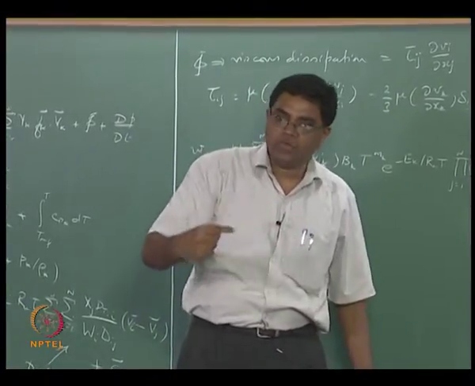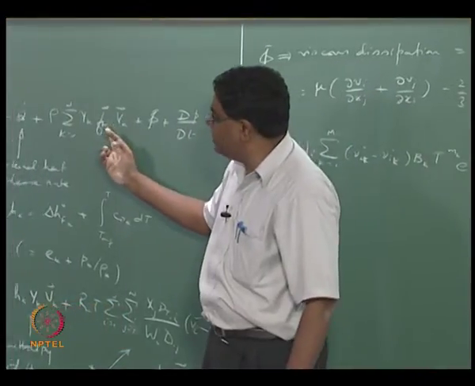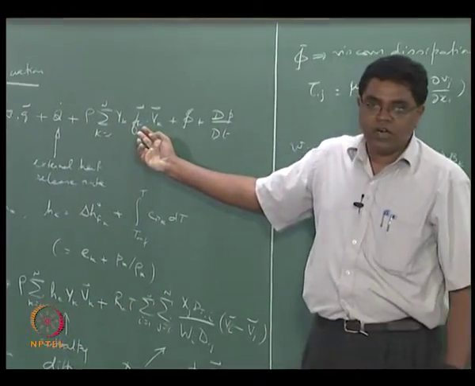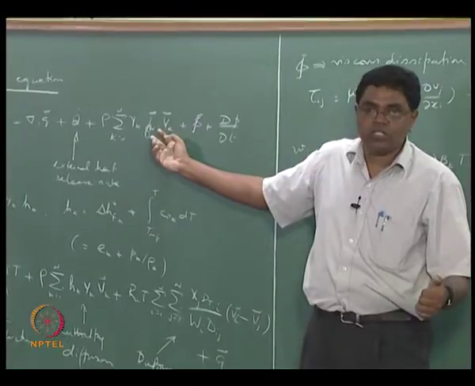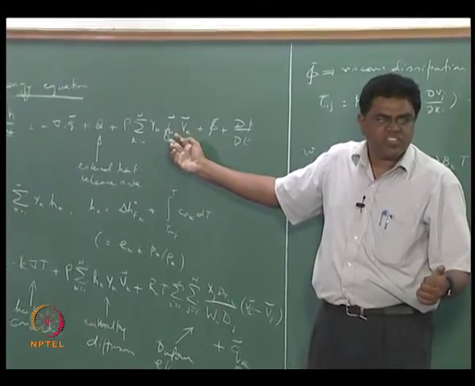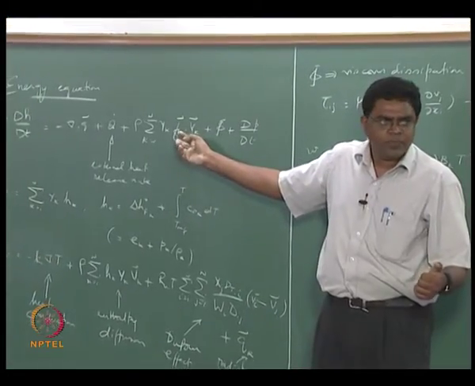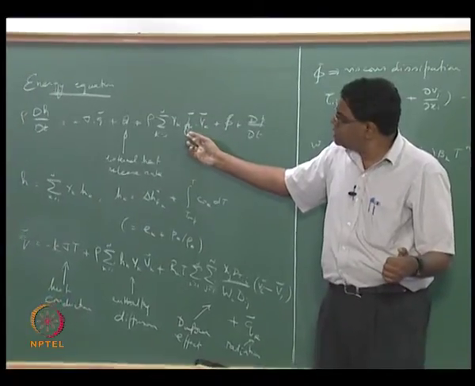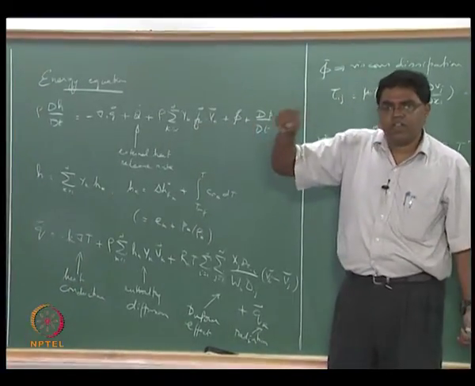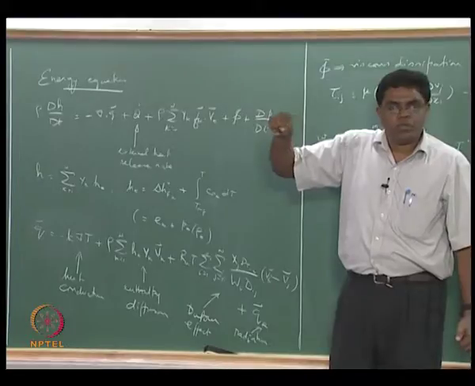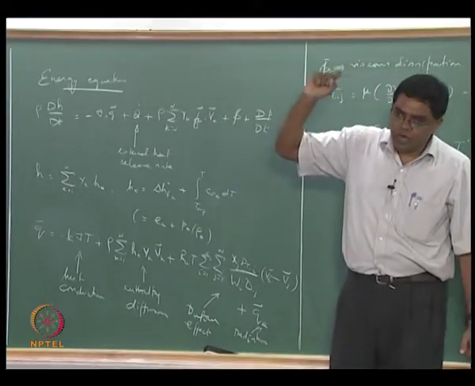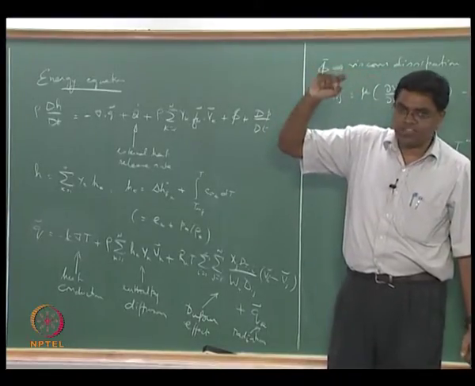So the work actually should be a dot product of the body force acting on that species per unit mass, okay, that is essentially acceleration there, times the species velocity. But we took a dot product with the mixture average velocity.